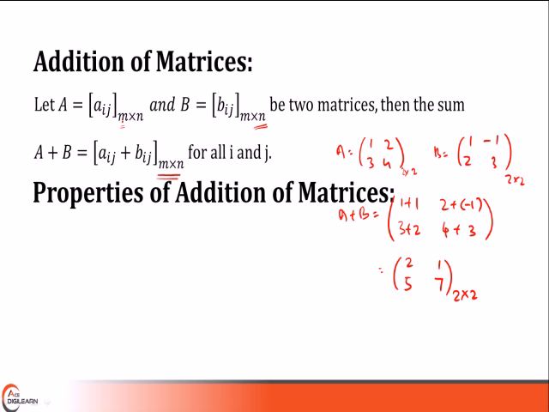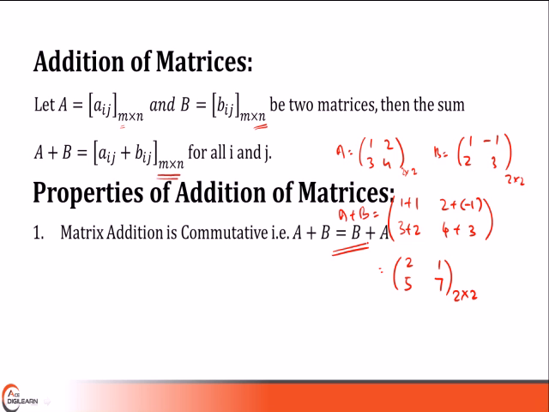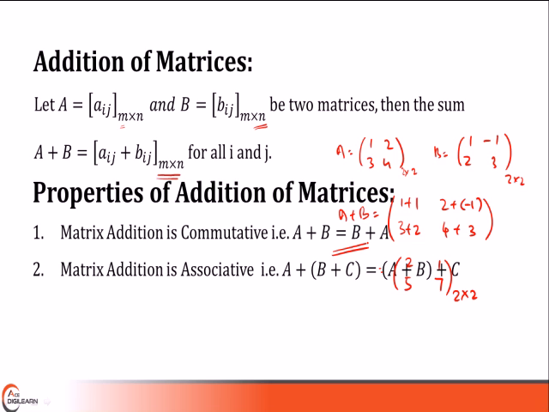Let us see properties of addition of matrices. First, matrix addition is commutative. So A plus B and B plus A are equal. Matrix addition is associative: A plus B plus C is equal to A plus B plus C, grouped in either way.